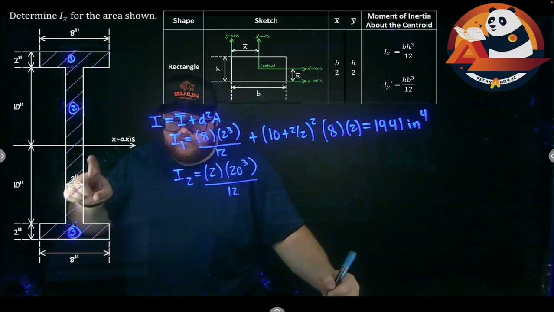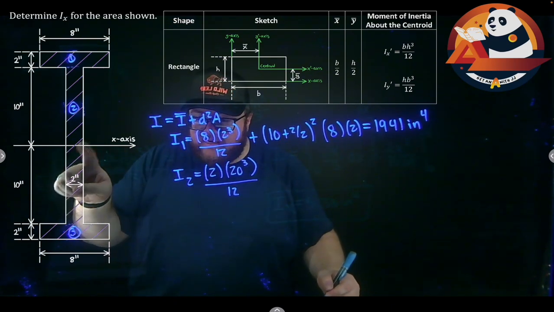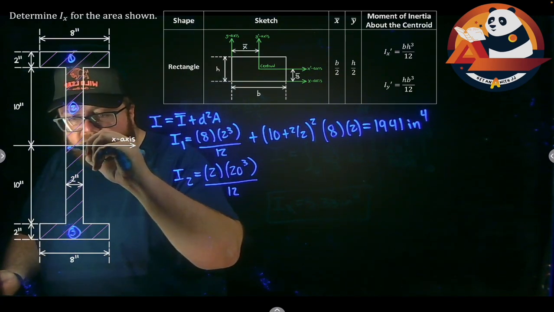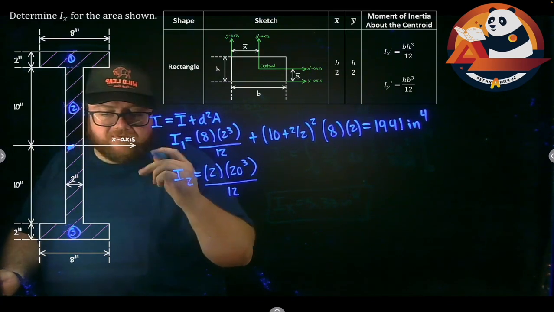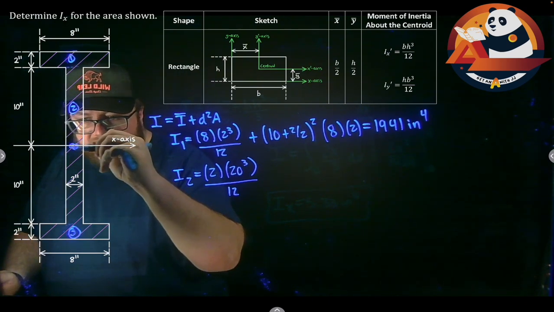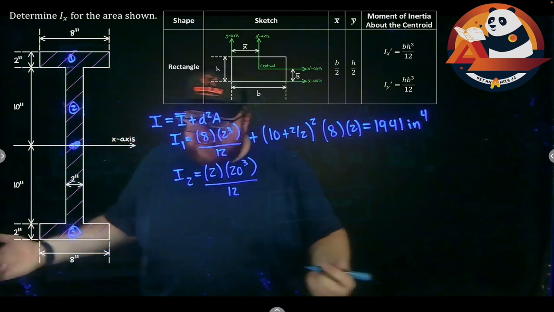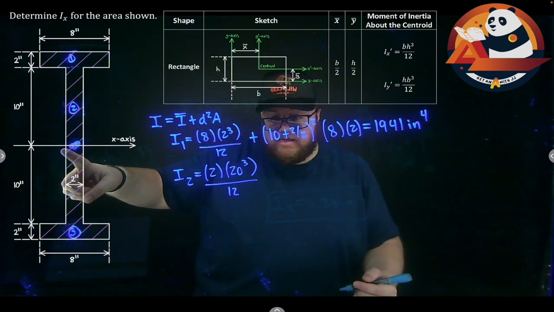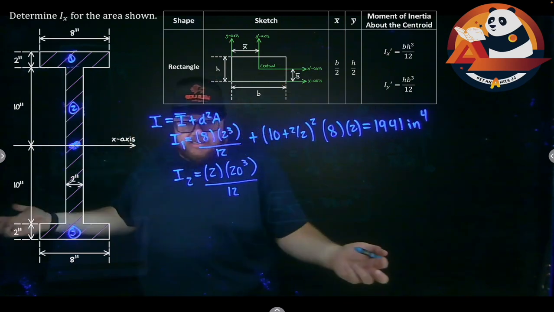Plus our distance from the x-axis to the centroid of shape 2. The centroid of shape 2 should be right on that x-axis. There's no difference in those points. It should be right in here. That distance then has to be 0. If the centroid of our individual shape is on the axis of interest, d is 0.